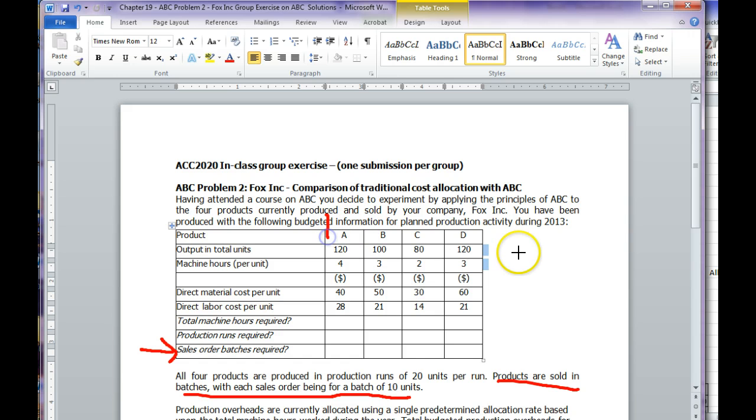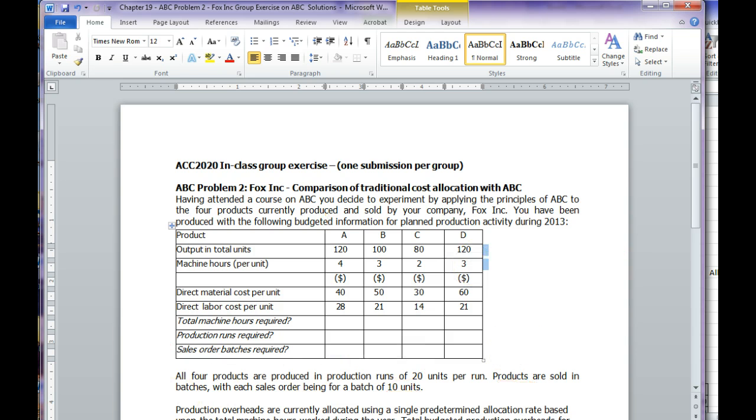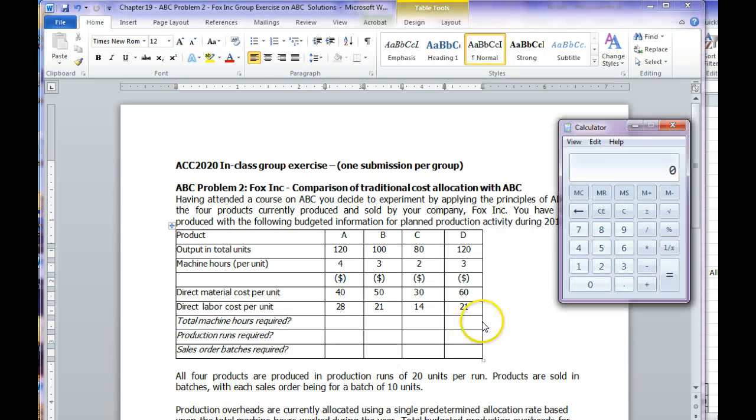So if I have 120 units, 10 per batch, I'm going to have 12 batches. Here I'll have 10. Here I'll have 8. And here I'll have 12. That's how you would want to fill these out because we're probably going to need them later on.